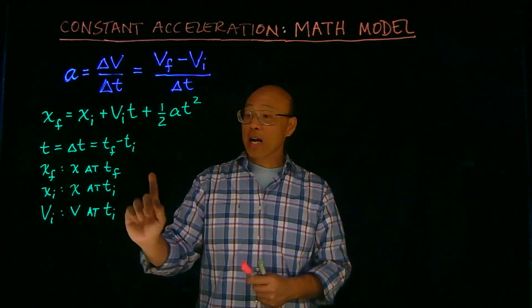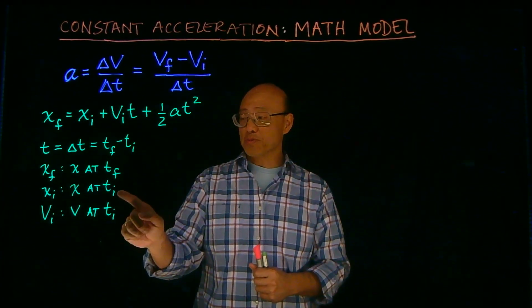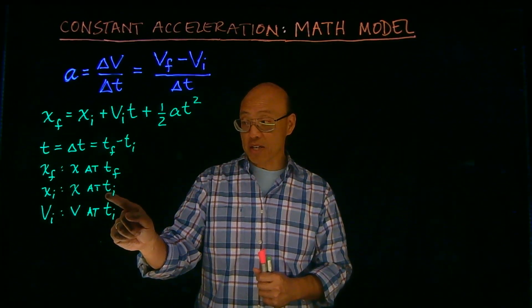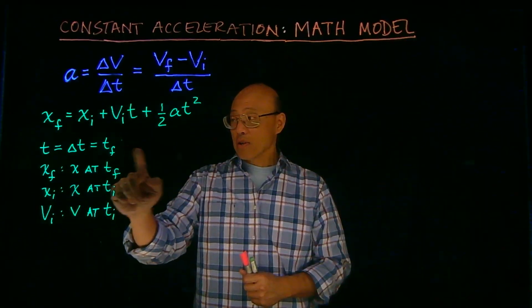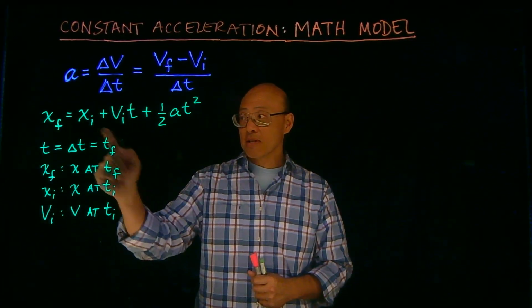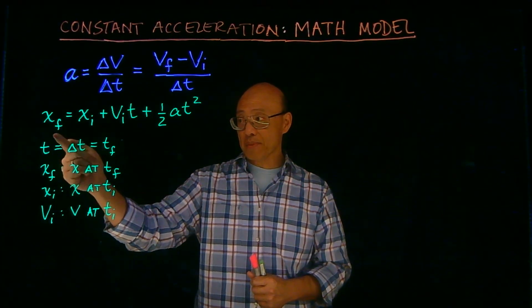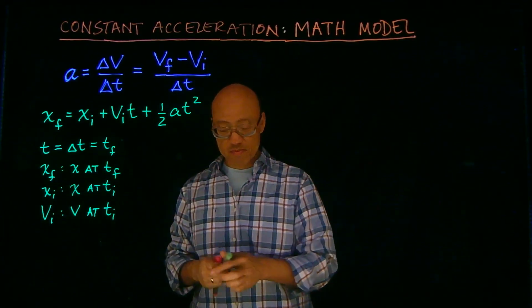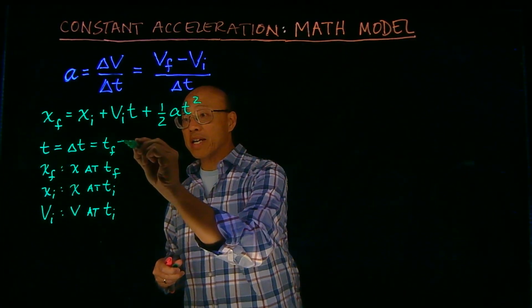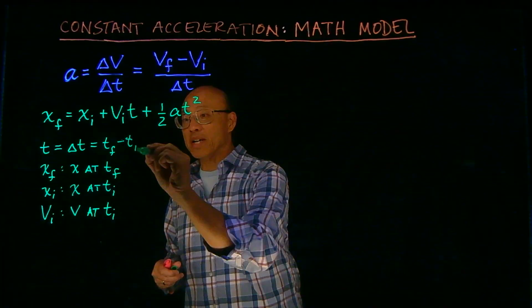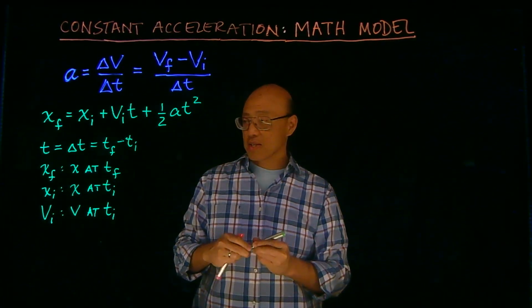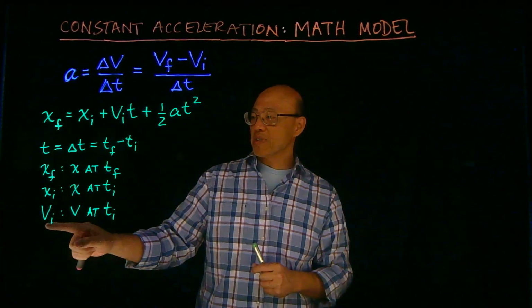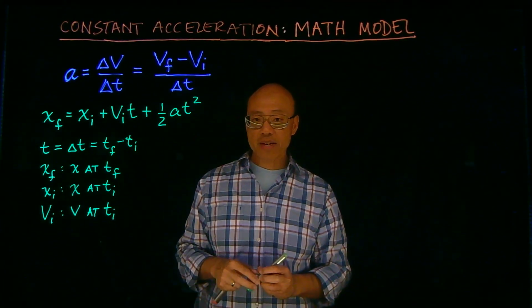Now if initial time is 0, then as I said earlier, all these mean the same thing, and that's your position at time t, where your initial time is 0. But again, I'm going to keep this there to remind you that this t up here is a time interval. And of course, your initial velocity is your velocity at that initial time.